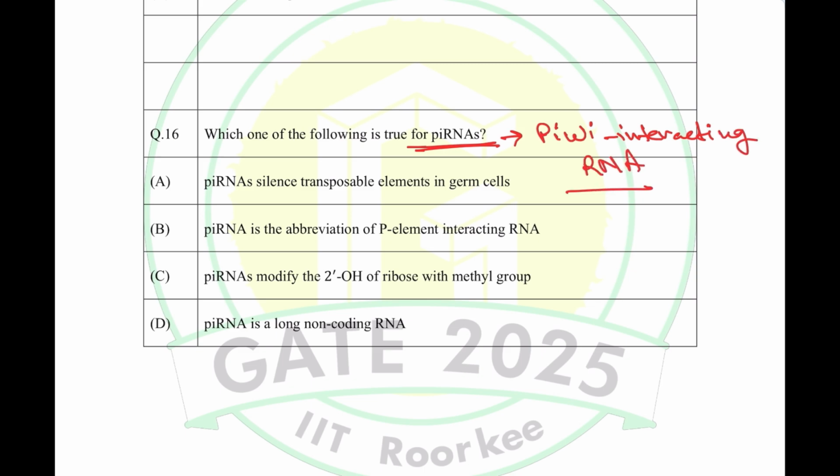Okay, and piRNAs are small non-coding RNAs, 24 to 34 nucleotides long, and they interact with the PIWI protein. Their main role is silencing transposable elements like transposons, LINE, SINE, etc. in germline cells, thereby protecting genome integrity.